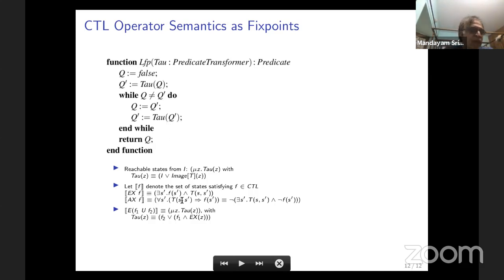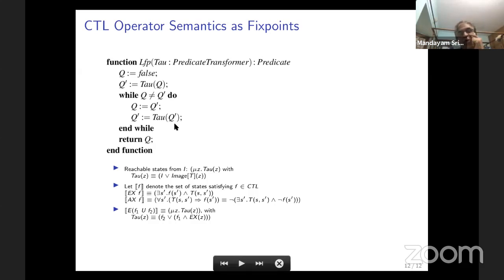Just consider the set of all states, the universe of states. Since tau is monotonic, and I'm assuming tau to be monotonic, the formula true, which represents every state in the universe, is always a fixed point for any monotonic predicate transformer, because tau of true is true.